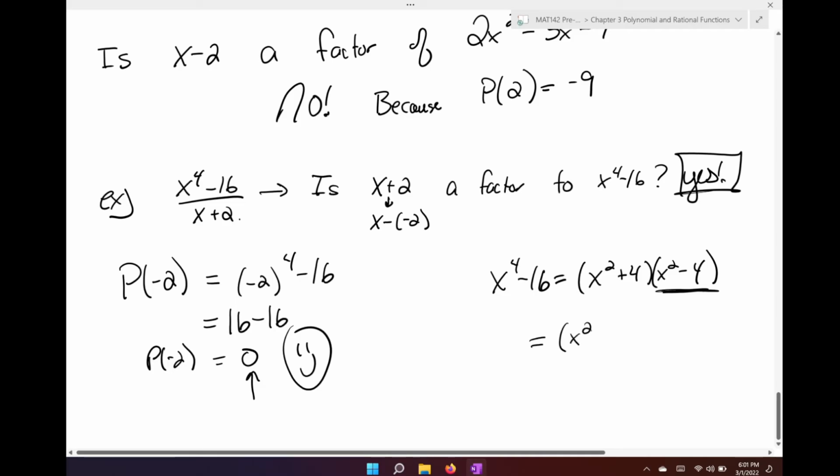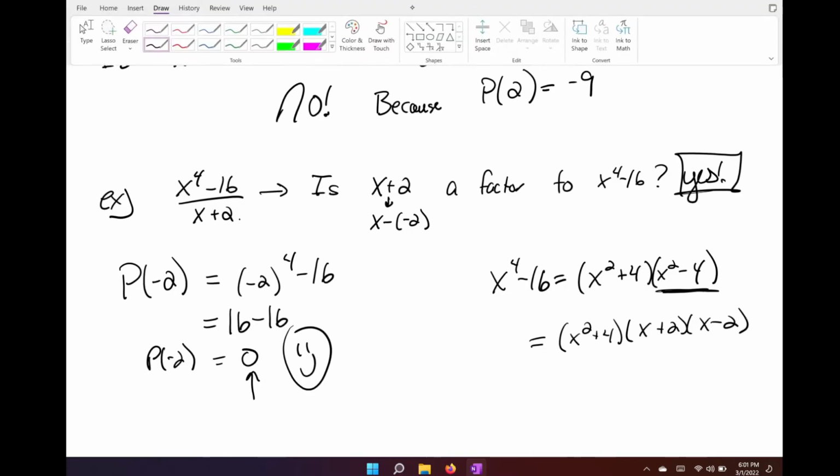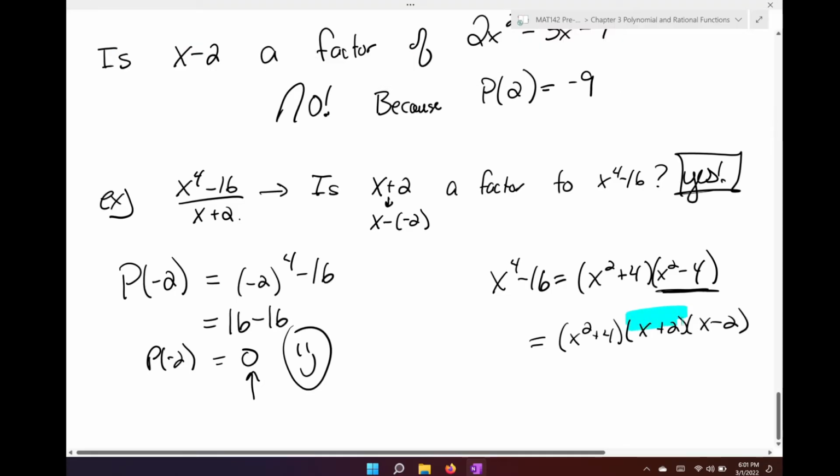So you get x squared plus 4 times x plus 2 and x minus 2. And right here is that x plus 2, and we asked the question, is x plus 2 a factor? Absolutely it is.